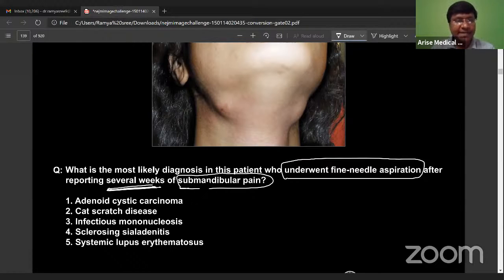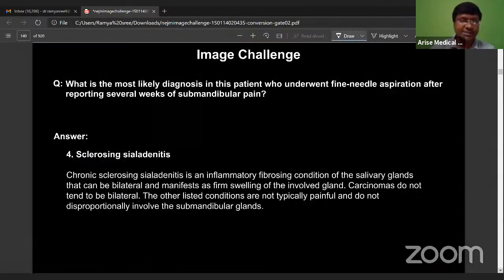Several weeks of submandibular pain. Adenoid cystic carcinoma, cat scratch disease, infectious mononucleosis, sclerosing sialadenitis, systemic lupus erythematosus. Right. So we have got the correct answer from Santosh. That is sclerosing sialadenitis.